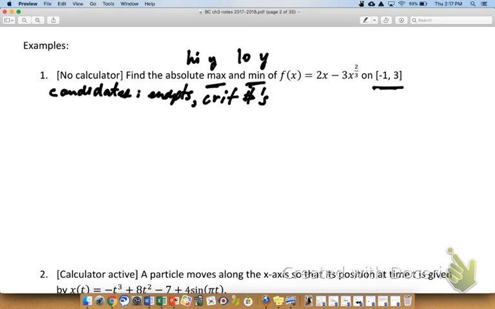The endpoints are painfully obvious, right? -1 and 3. That's your interval endpoints. So when I list out all my candidates, I'm going to make a little table with an X and a Y. My candidates are going to be -1, perhaps some others, and a 3.